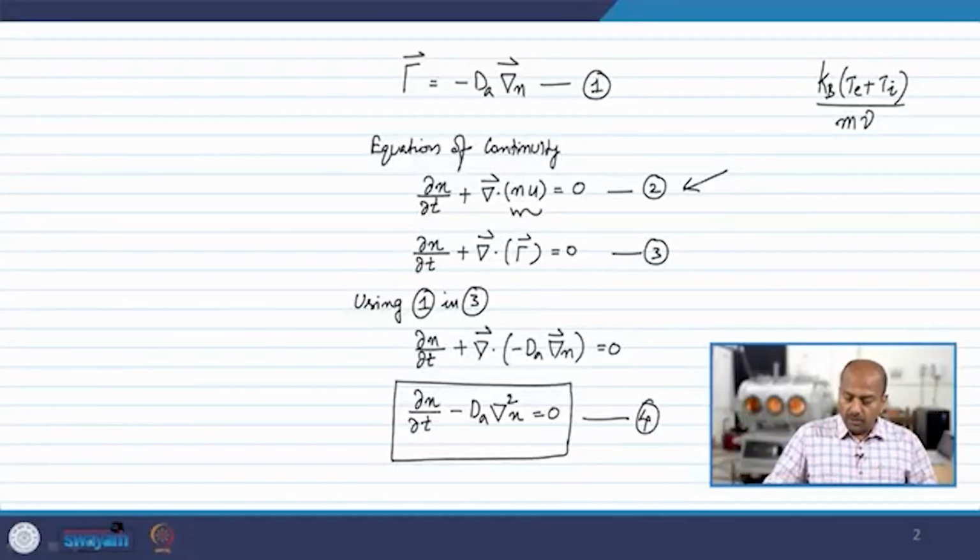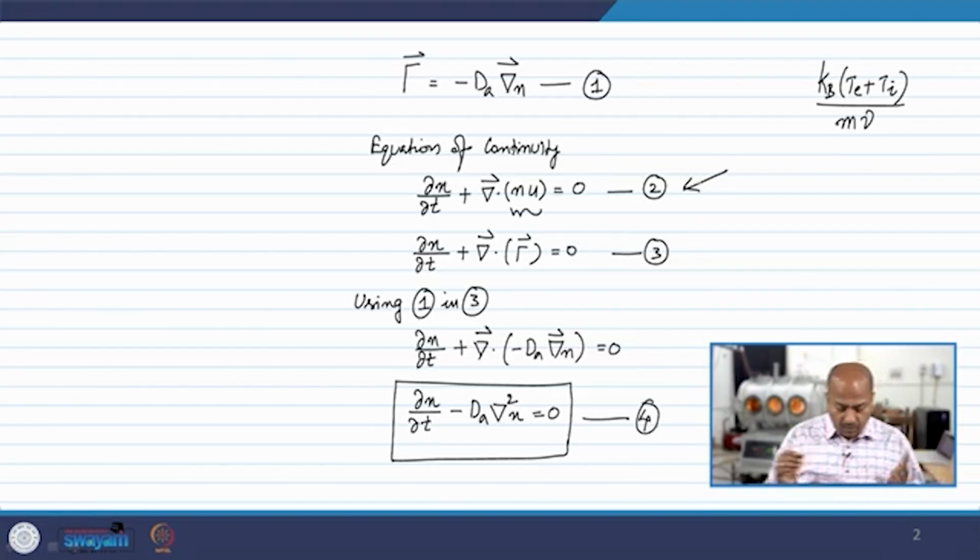And in this process, they may encounter collisions. Collisions will have a frequency, because the diffusion coefficient comprises all this information, right. So, we have been able to write the continuity equation in terms of the ambipolar diffusion coefficient. This tells you how the spatial and temporal variations can be understood in the context of diffusion.